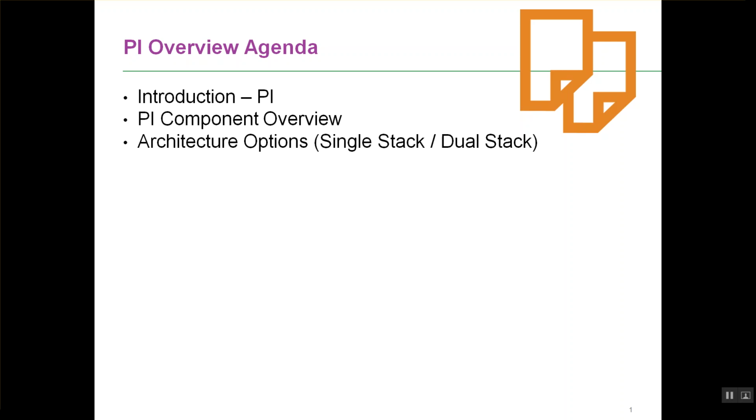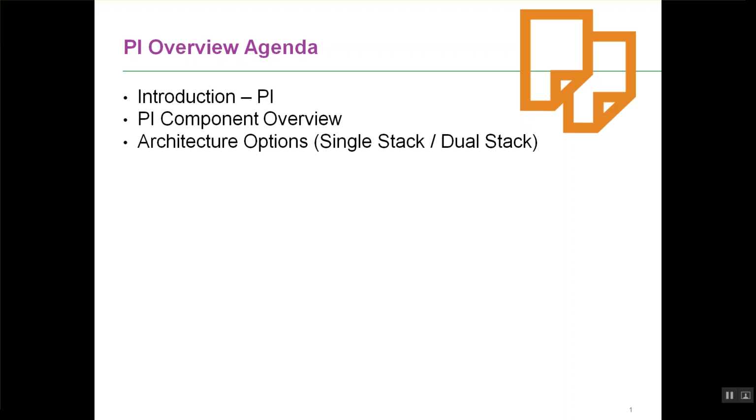All of those questions would get answered when we look at the architecture options. What are the architectures of PI? What is a single stack PI? What is a dual stack PI? And so on. Rest assured, the idea is to make sure that when you're done with this entire course, you not only understand the theory behind PI, but are also able to do a sufficient amount of hands-on.